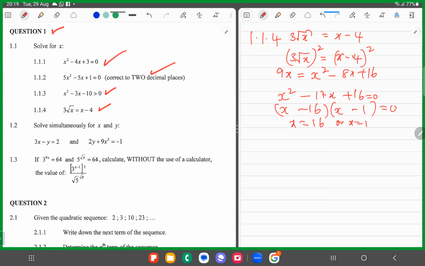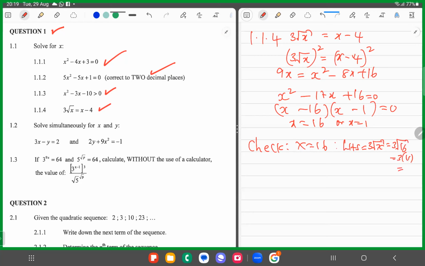Right, so now which one is the solution? We check the solution. We check x equals 16. Every time after squaring both sides, you must check the answers. So you check the left-hand side: 3 the square root of 16. What is the square root of 16?